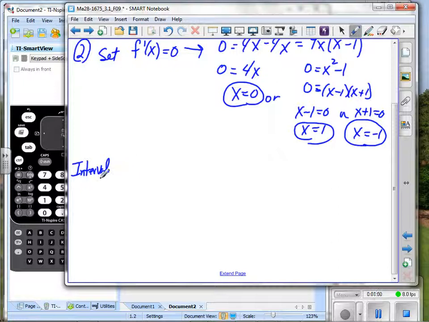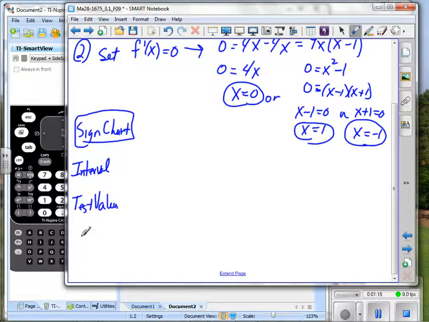We're going to look at test values. It's a sign chart. Sign table, sign chart, I don't know what name the book's using, but we'll call it that right now. We're going to look at the sign of the first derivative, and then we're going to have a line here for conclusion.